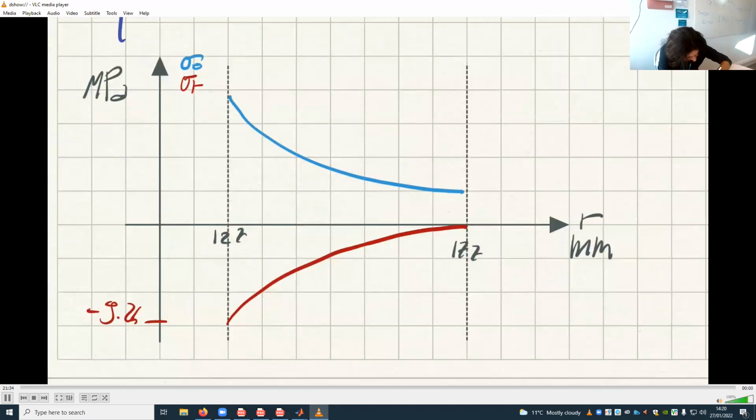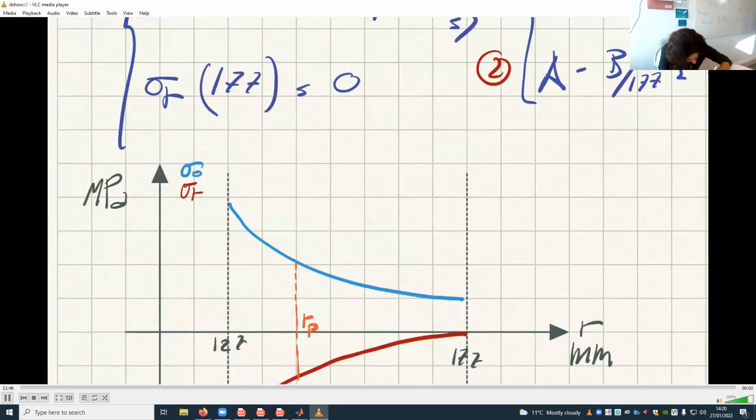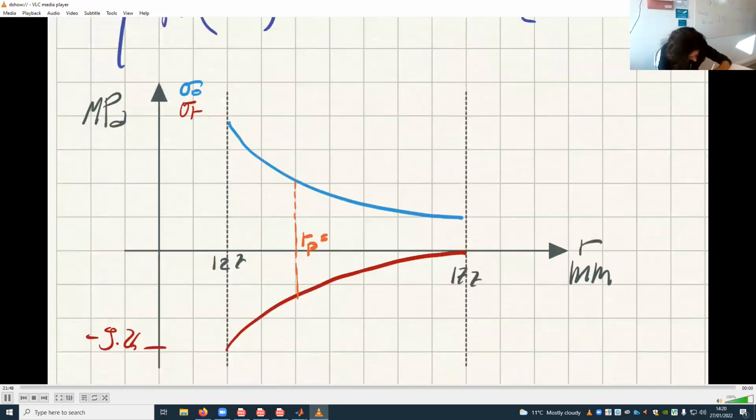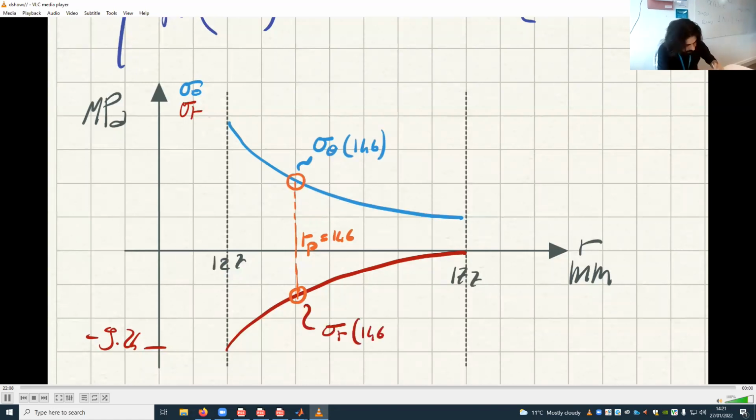RP is, let's say, this one here, which we said is 146. So what we want to find is this value here and this value here. So this is sigma theta at 146 and this is sigma r at 146.